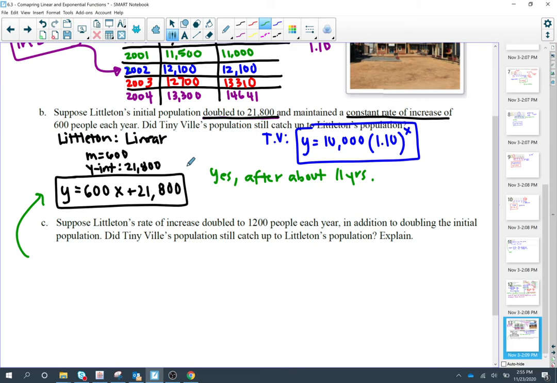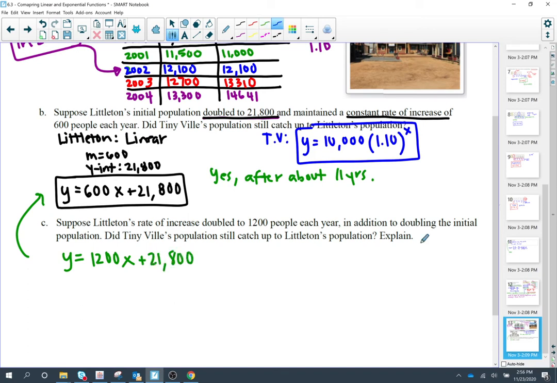Did Tinyville's population still catch up to Littleton's? Explain. Well, let's see. So we're going to have y equals, and this is for Littleton. Instead of going up by 600, we're going to go up by 1,200, so more. And we're still going to have a doubled starting population.